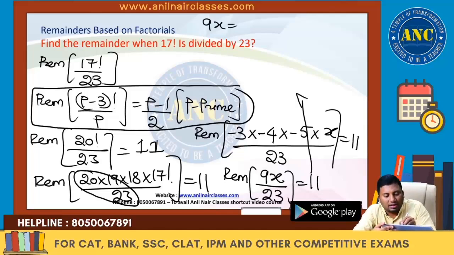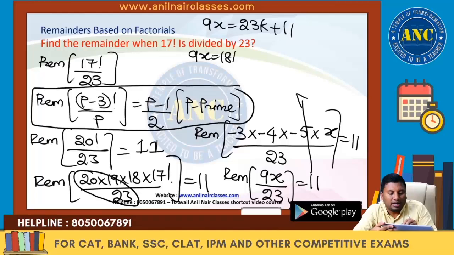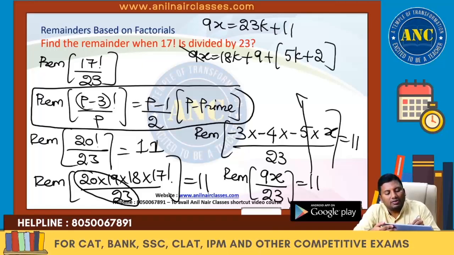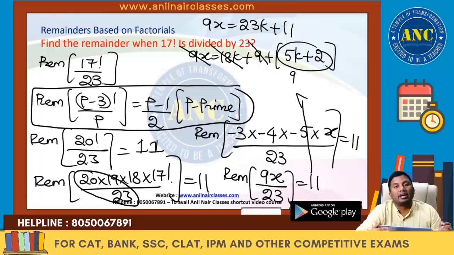9x is nothing but 23k plus 11. So 9x is nothing but 18k plus 9 plus 5k plus 2. 18k plus 9 is divisible by 9, so 5k plus 2 should be divisible by 9. It cannot be 9 because the k value will be a fraction.